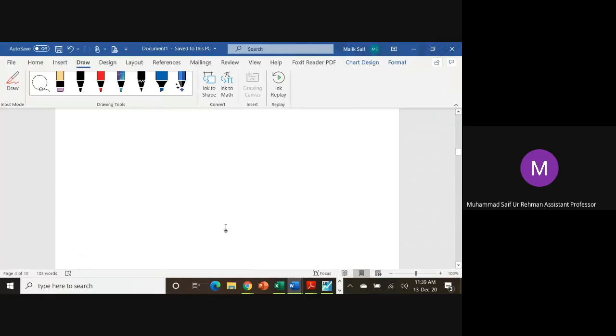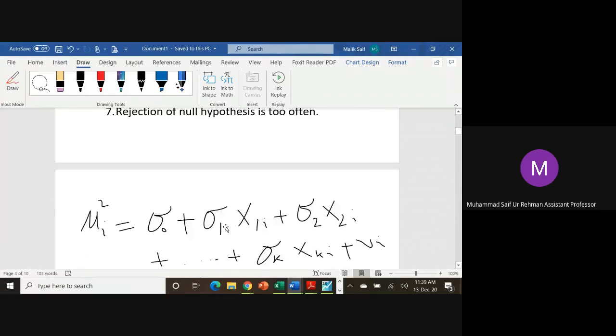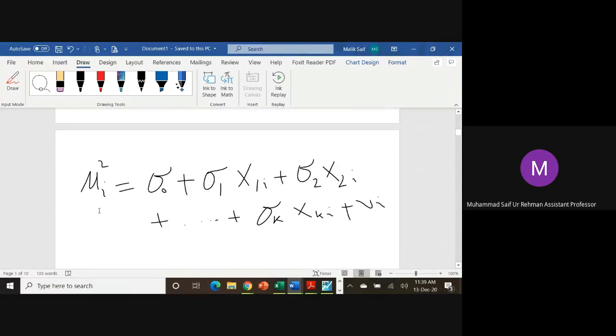So if you take into account this value, u_i squared, delta naught, delta 1, x1, and so on. In this case, what this Breusch-Pagan test is doing is what you straightforwardly obtained using EViews. If you are interested in regressing this equation, how will you regress it?